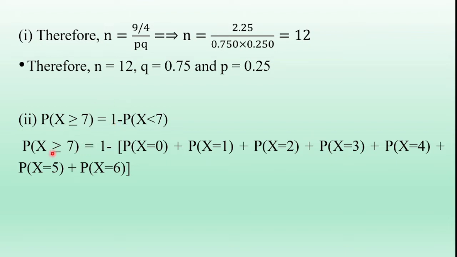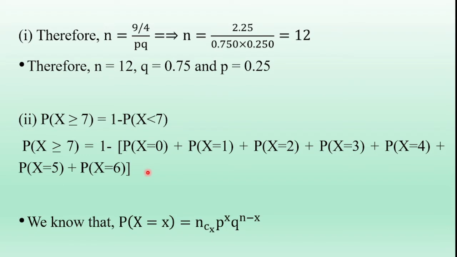So P of x greater than or equal to 7 is equal to 1 minus P of x less than 7, which means P of x is equal to 0 plus P of x is equal to 1 plus P of x is equal to 2 plus P of x is equal to 3 plus P of x is equal to 4 plus P of x is equal to 5 plus P of x is equal to 6.